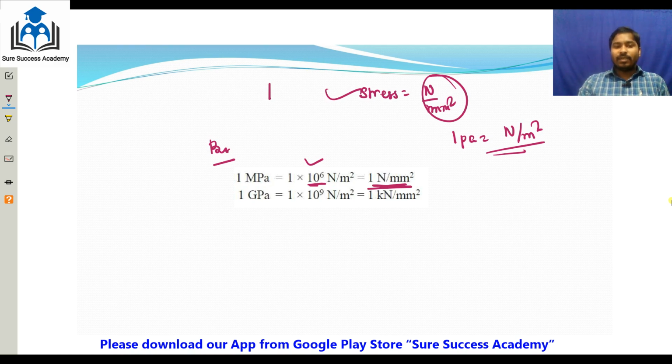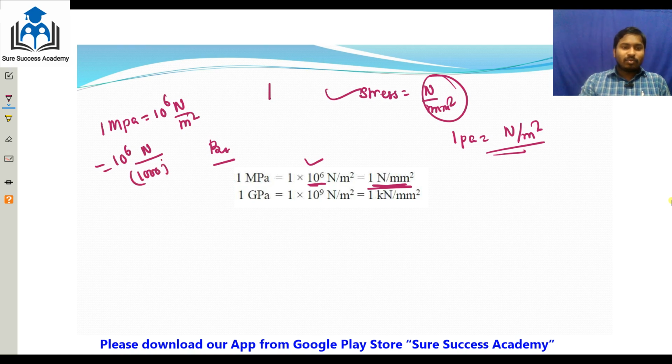So how is it happening? I will tell you here. 1 MPa is equal to 10 to the power 6 Newton per meter square. A meter is 1000 mm, so the square is 10 to the power 6 mm square. What is coming? 10 to the power 6 Newton by 10 to the power 6 mm square.